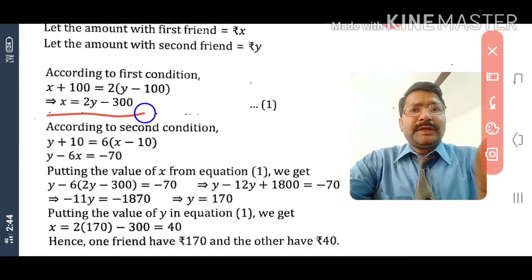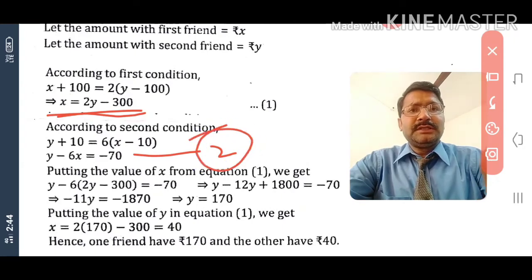This value of x equal to 2y minus 300 you put in equation number 2. In place of x you put 2y minus 300, you get y minus 6 bracket 2y minus 300 equal to 70. You open this bracket, you get y minus 12y plus 1800 equal to 70.